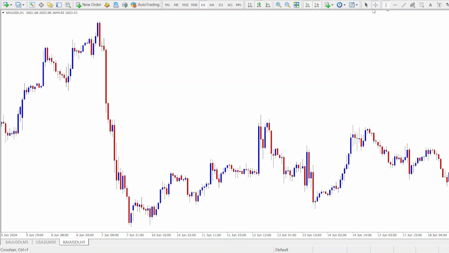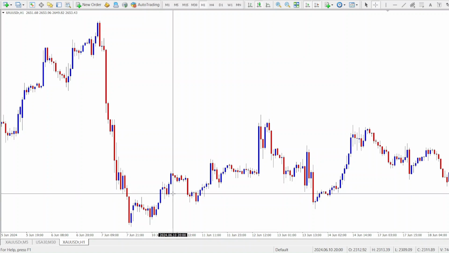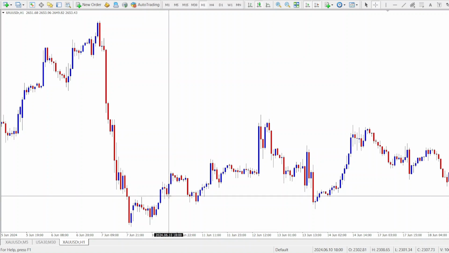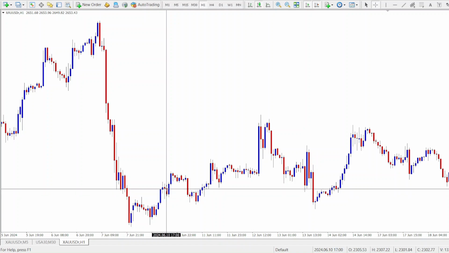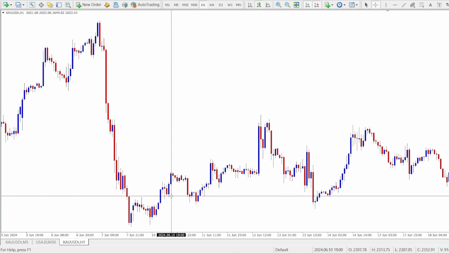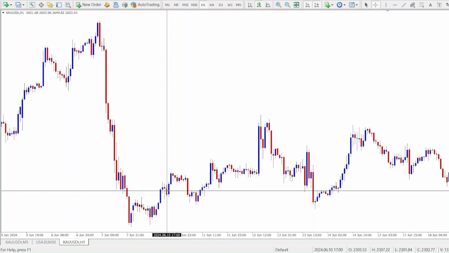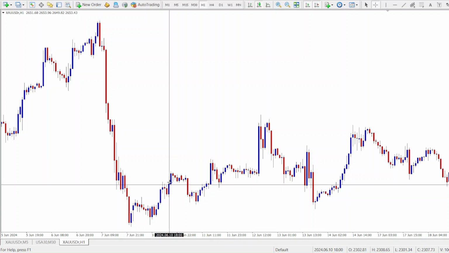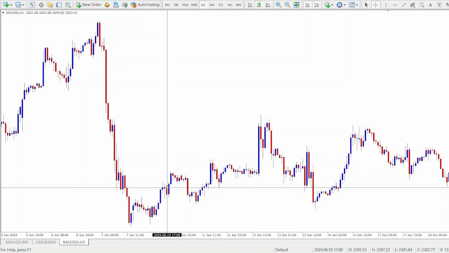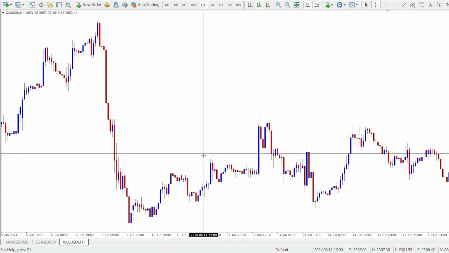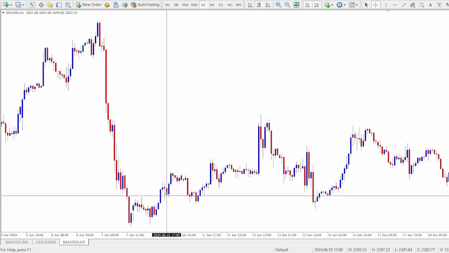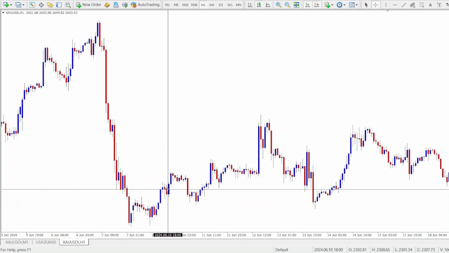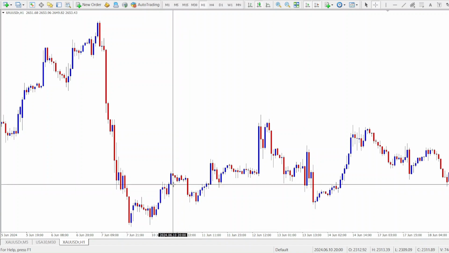You can see that when the price of the bullish candle opened around here, it opened somewhere close to where the previous sell candle closed, and then the low of the bullish engulfing is somewhat below the low of the previous bearish candle, and then the high of the bullish candle is above the high of the bearish candle. So this is an example of a bullish engulfing pattern. It usually indicates a bullish move.